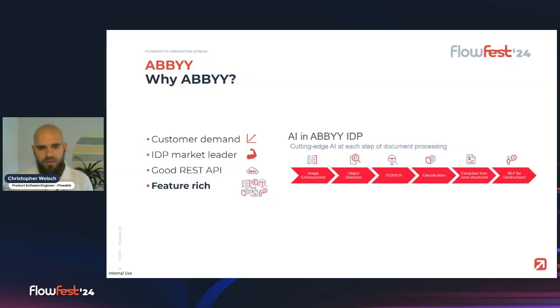Abbyy already brings image enhancement, object detection, OCR, classification, and also extraction from semi-structured document and natural language processing for unstructured documents. Abbyy also provides you with a low-code, no-code environment, similar to Flowable. So no real development is required to use Abbyy.